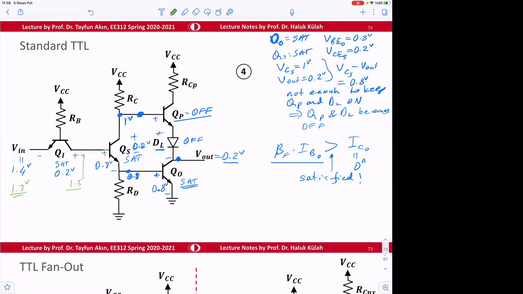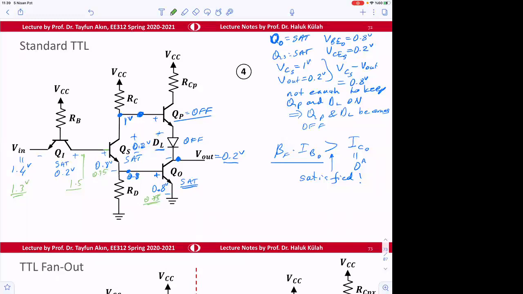Initially both of them were forward active. So maybe this is going to be 0.75, and then this will be 0.75. But we don't have that in our models. We say that it goes directly from forward active to SAT. It jumps, and when it jumps from forward active to SAT, the voltage becomes 0.7 to 0.8. So we don't question that, but we know that transistor transition is happening there, and the base emitter voltage goes from 0.7 to 0.8.